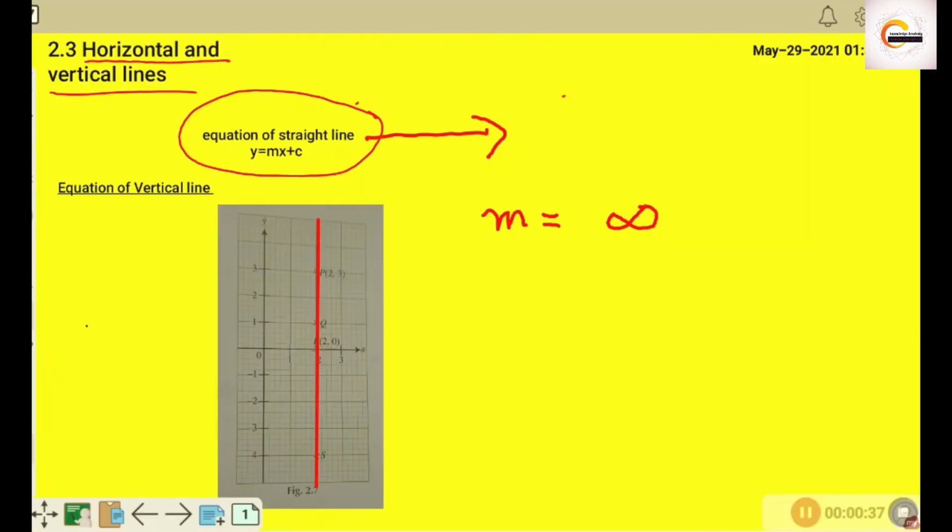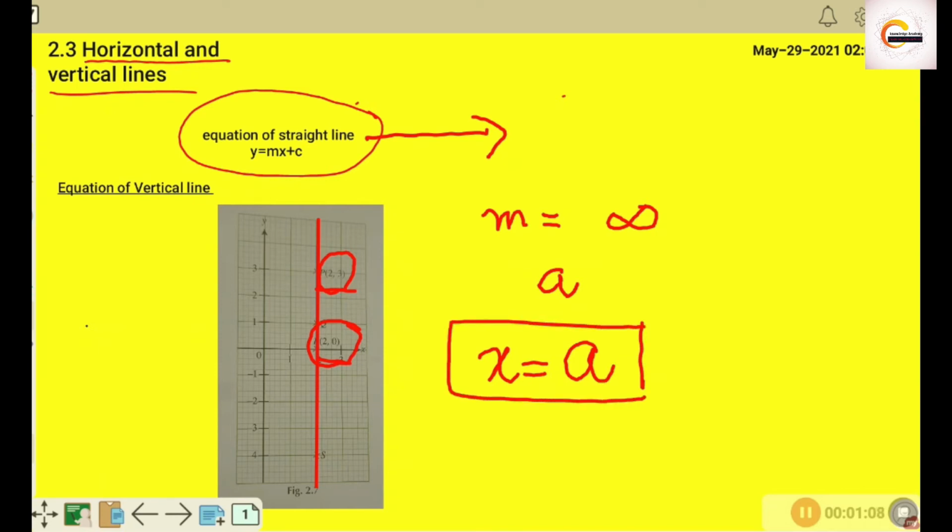We can see the x-coordinate of all the points on the vertical line is the same. Here it's 2 and here it's again 2. So we can denote it as a, and we can write x equals a. This is the equation of a vertical line.